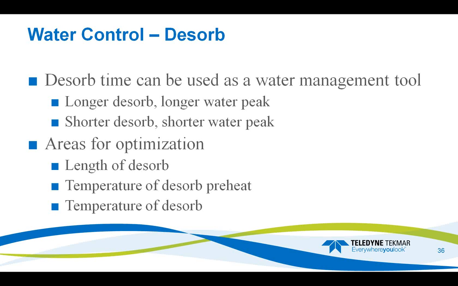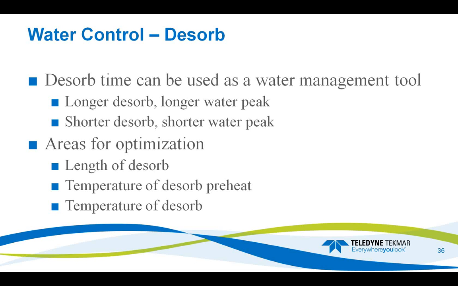So a longer desorb means we're going to remove more of our compounds from the analytical trap to the GC, including water that may be in there, and it's going to give us a longer water peak. If we shorten that desorb time, then we move less of that material to the GC, so we have a shorter water peak. So this gives us an opportunity for optimization here, both in the length of our desorb, but also the temperatures of our desorb.